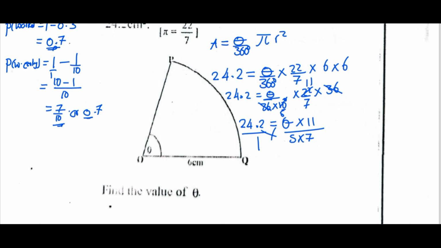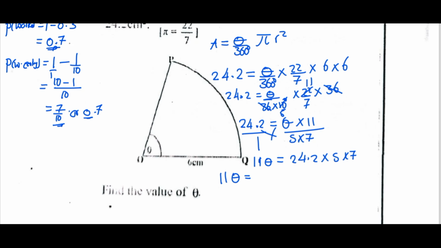So let's see what we can do. Theta times 11, we have 11 theta. Then 24.2 times 5 times 7. So at this point we are going to say 11 theta. We can multiply, first we multiply 24.2 times 5.